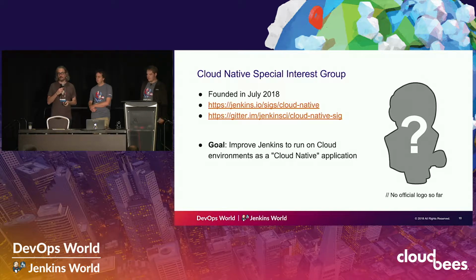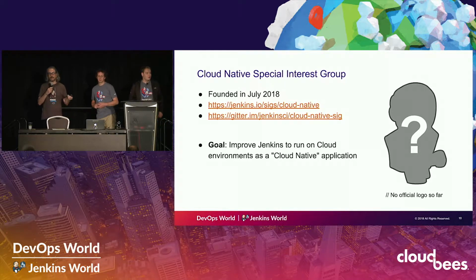We also have a chat in Gitter, where you can send us questions and inquiries about what we are talking about in the next meeting, whether the next meeting is going to happen, and so on. The objective is to talk about what cloud native is and how we get there, right? How do we take Jenkins to this goal?